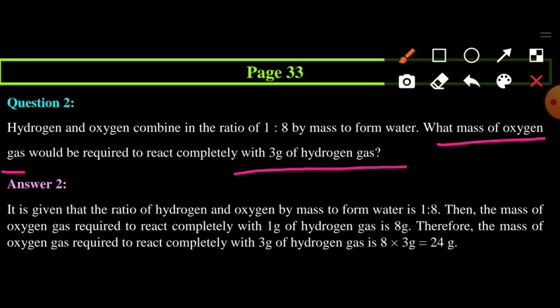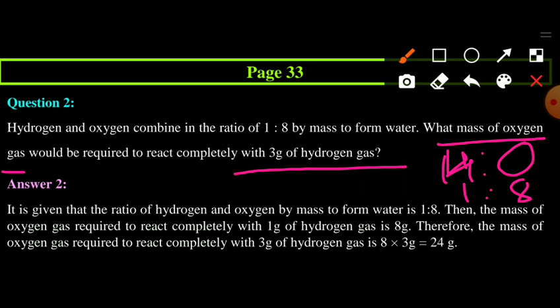So 1:8 means hydrogen and oxygen ratio is 1:8. It means 1 gram hydrogen will react with 8 gram of oxygen.